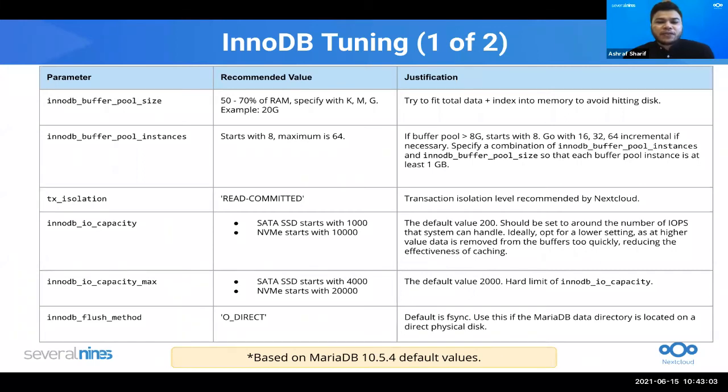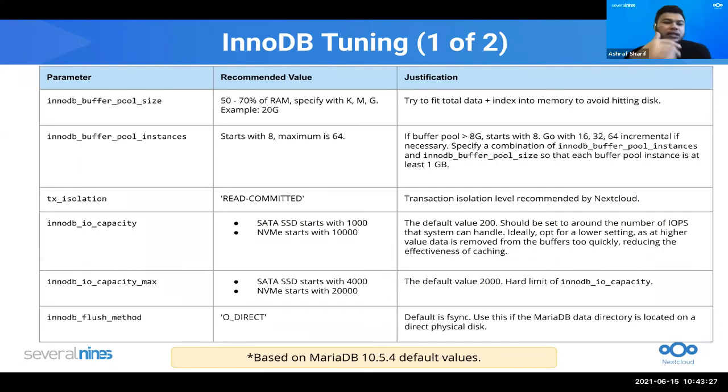The best way to get the value is to perform some benchmarks and measure the disk IOPS yourself using iostat or any other disk monitoring system tools. Let's say, for example, after performing the disk benchmark, we get a value around 5,000 to 8,000 IOPS. We can then specify the lower number, 5,000, for this variable.